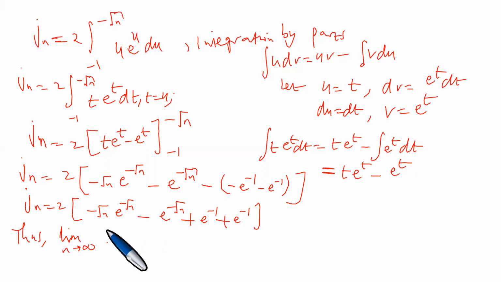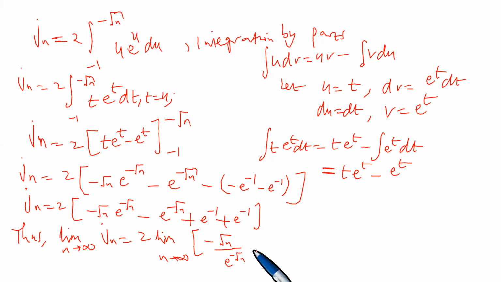We take the limit of Jn. So we take the limit of these things here. I've just pulled out the 2 because it's the constant. So we have minus the square root of n. Here you can divide by the e, making sure that it becomes plus here. And this one is 1 over e.